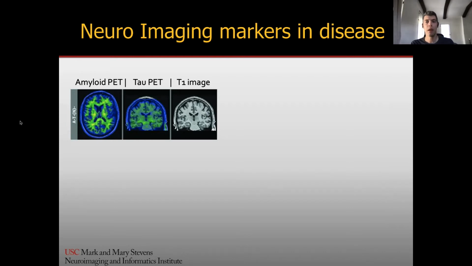Here, for example, what I'm showing you on the top left, we have three sets of images. This is amyloid and tau PET, as well as the T1 weighted images. These are images that I showed you before. And here, this is a participant that has shown no cognitive impairment, and this participant has been classified as amyloid negative, tau negative, and no neurodegeneration.